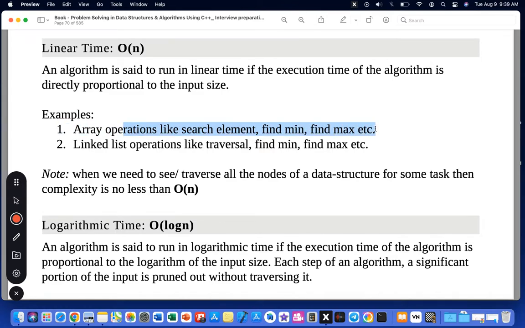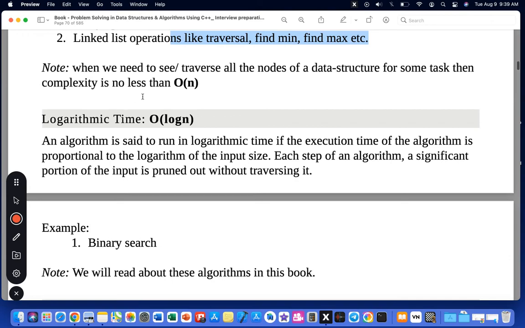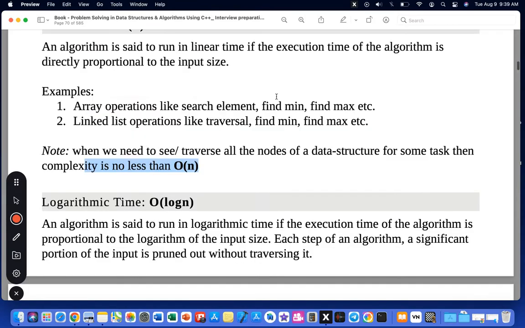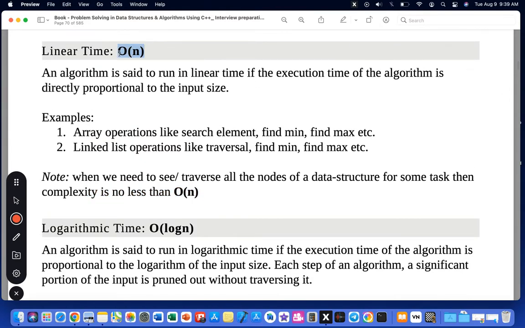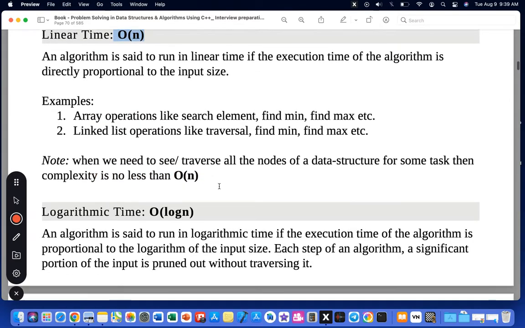They are related to the input size, the array size or the vector size. Linked list operations like traversal, find minimum, find maximum are related to the input size. When we need to traverse all nodes of a data structure for some task, then complexity is no less than O(n). All right, linear time, O(n).